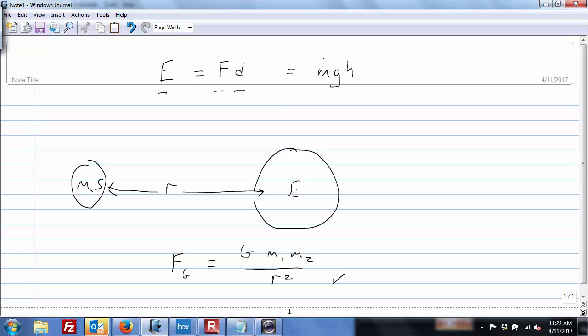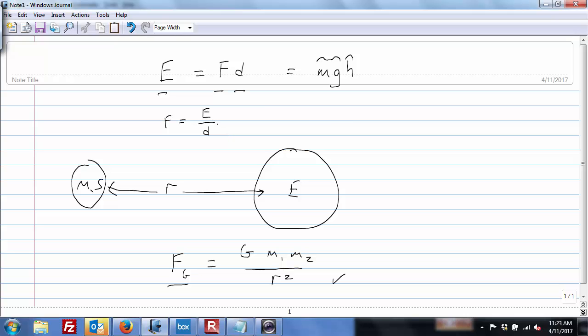So in this case, the mg is providing the force. That's Newton's second law, F equals ma. And h is essentially acting as d. So that's how energy works in that case. But now we're talking force. So we can rewrite this equation as force equals energy over distance.